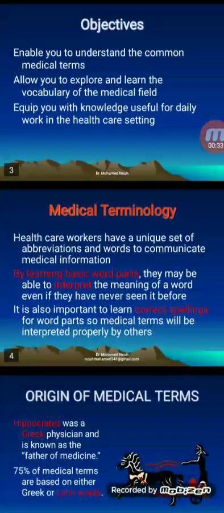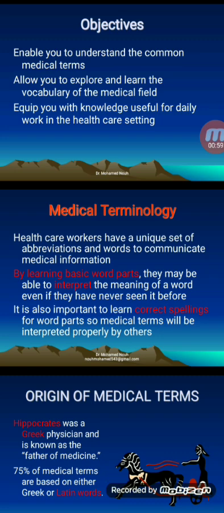Healthcare workers have a unique set of abbreviations. They have a code, a unique set. They understand each other and have ways to communicate medical information. By learning basic word parts, they may be able to interpret the meaning of a word even if they have never seen it before.